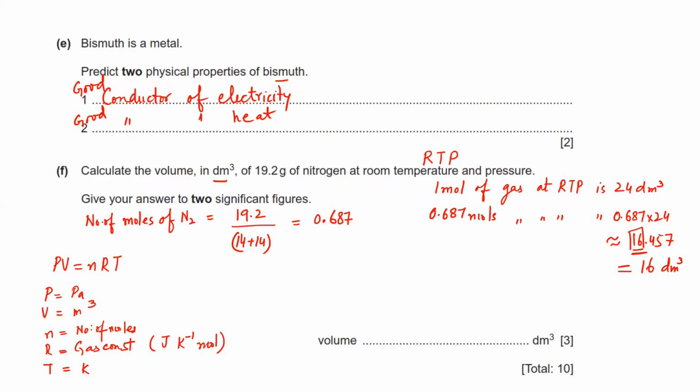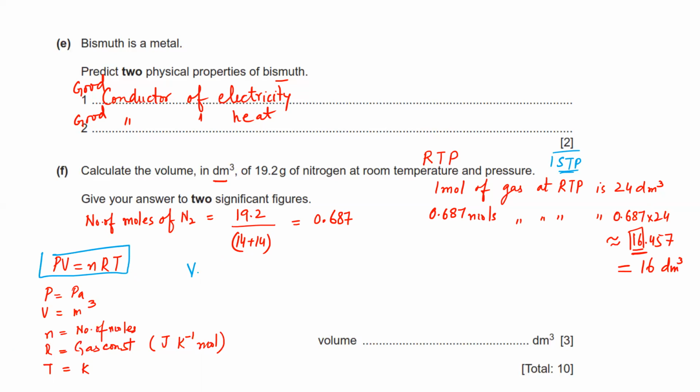If we have this formula and these values, we can use it to calculate this as well. Let me do it for you for fun. Although at room temperature and pressure, remember there is a standard temperature and pressure that is a little different, so do not confuse that with this.